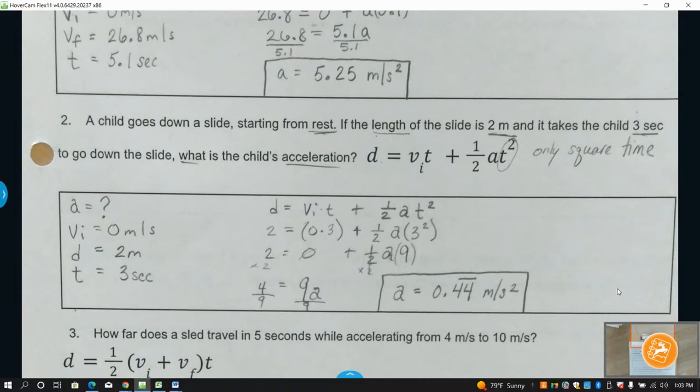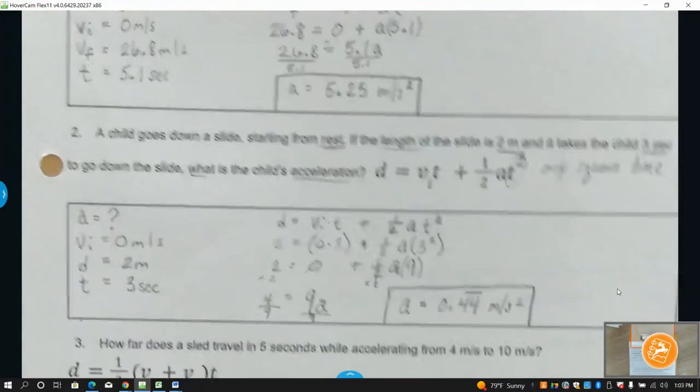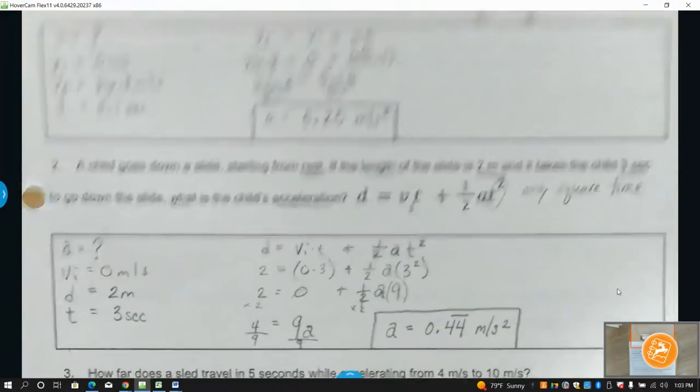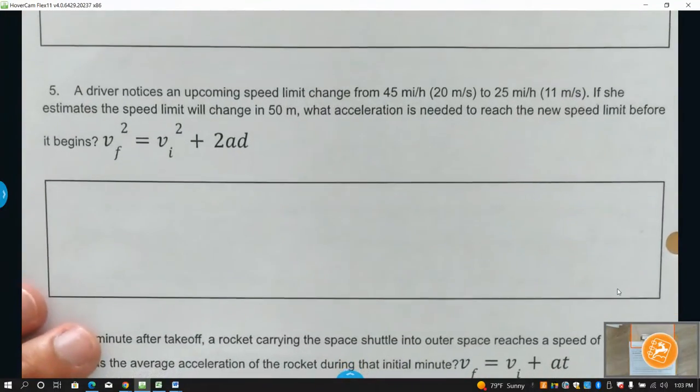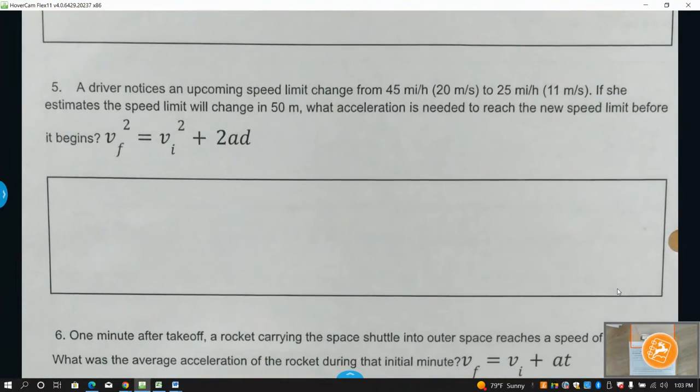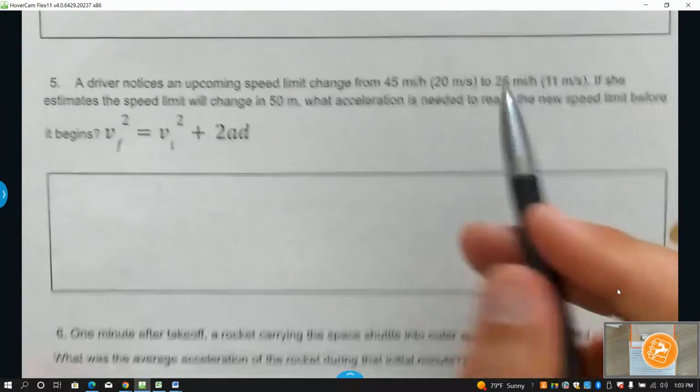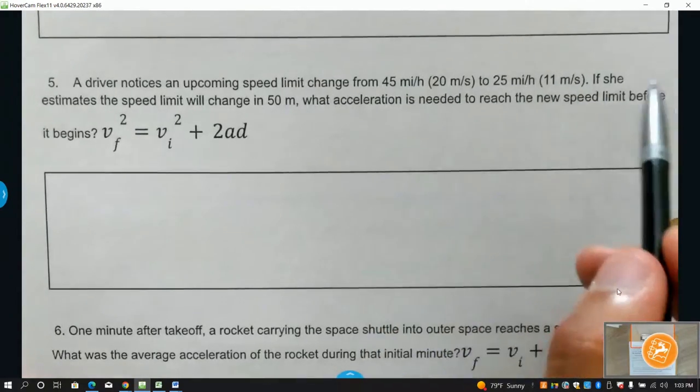Now, the only other one that may have any kind of pain in the butt to it might be number 5. So let's take a peek at number 5. A driver notices that an upcoming speed limit changes from, remember, we don't want to use miles per hour.